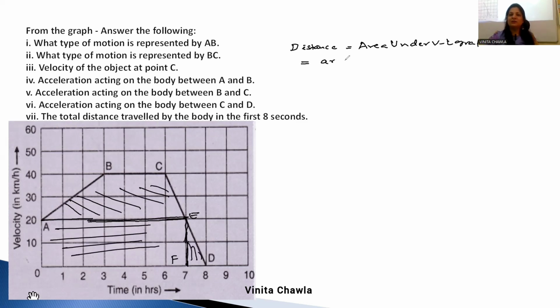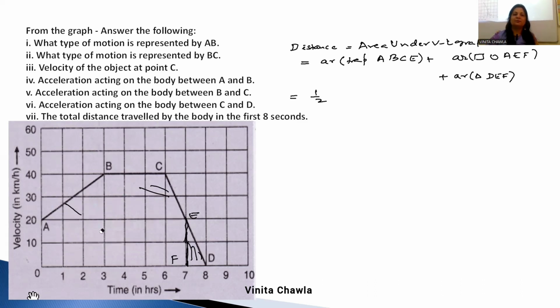So area of trapezium APCE plus area of rectangle OAEF plus area of right angle triangle DEF. So how do we find the area of the trapezium? We need to write the measurements first, only then we can find it.